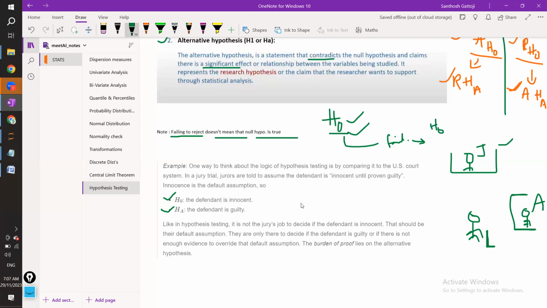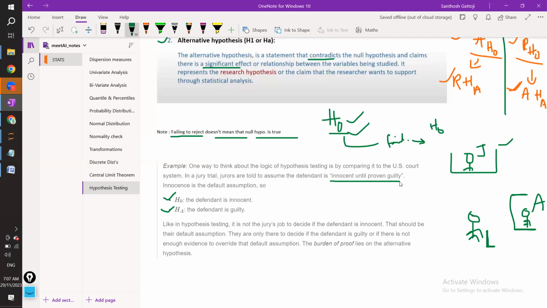In a jury, during the trial, they will assume innocent until proven guilty. He is innocent till he is proven guilty. Let's say I am the judge. I will go by this line.